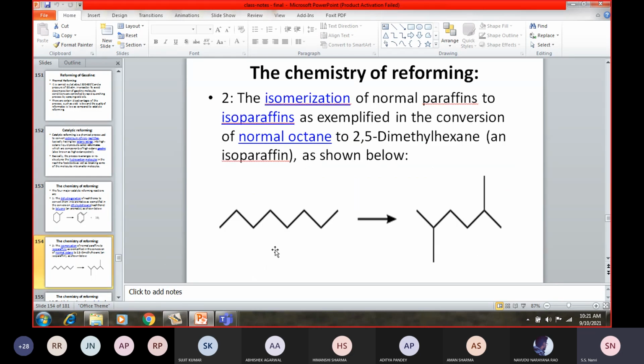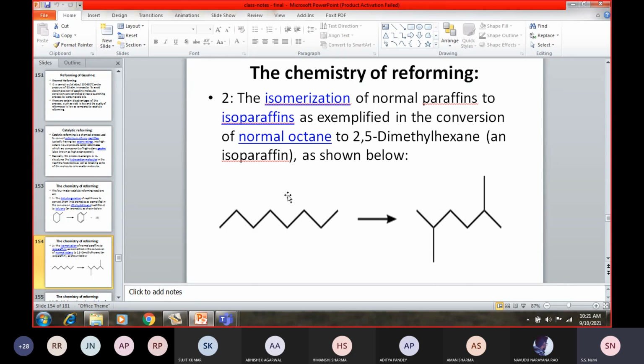The second reaction is isomerization, where the straight chain molecule with the same molecular weight gets converted into a branched chain molecule. Here the octane molecule, 1, 2, 3, 4, 5, 6, 7, 8, gets converted into 2,5-dimethylhexane.